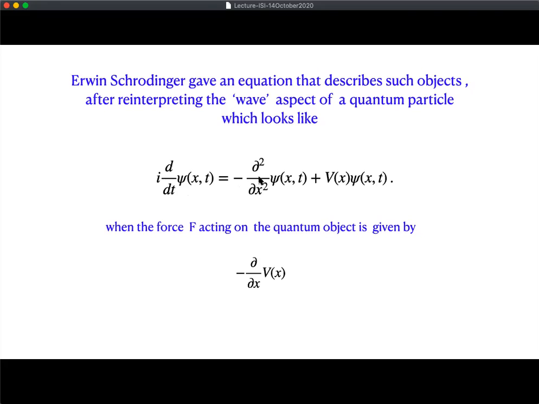On the right-hand side, you have a linear operator acting on this function, a second derivative as it appeared in the wave case, and a force term, where the force, like in the Newtonian particle case, comes from a potential: the negative of the derivative of the potential. This is the source kind of term, and the other is the free term. The time evolution of the amplitude of the wave associated with the quantum object is described by this equation, called the Schrödinger equation.